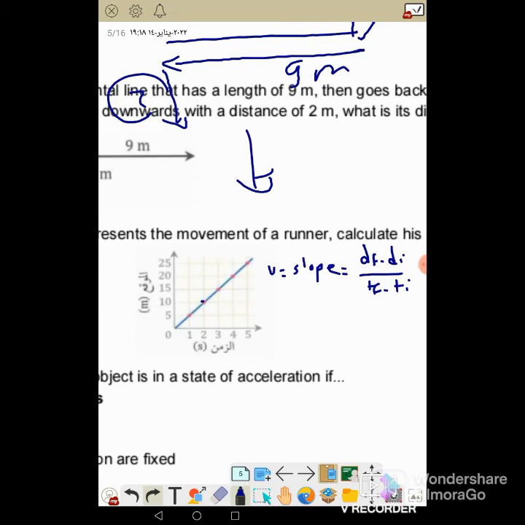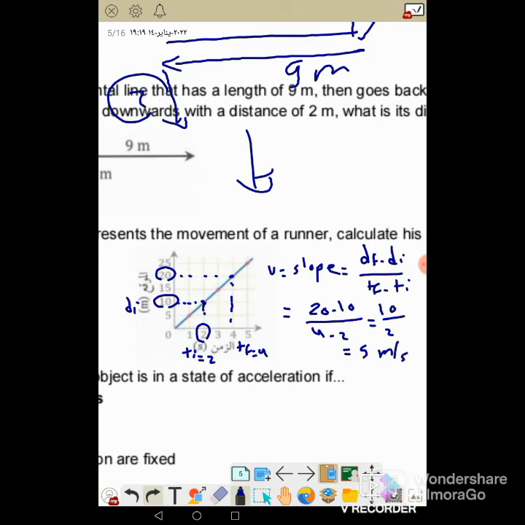For example, take this point and this point. This point di equals 10, this point df equals 20. Time initial ti equals 2, tf equals 4. So d final 20 minus d initial 10 divided by 4 minus 2. 20 minus 10 equals 10. 4 minus 2 equals 2. 5 meter per second.